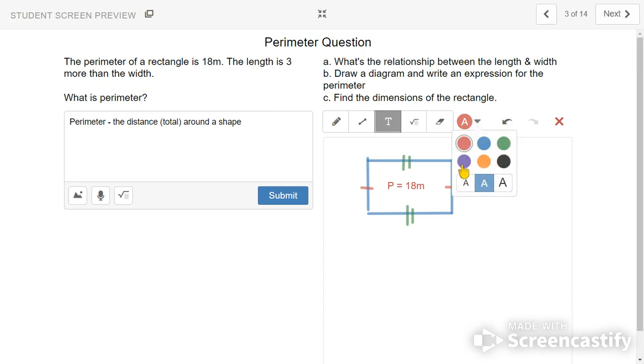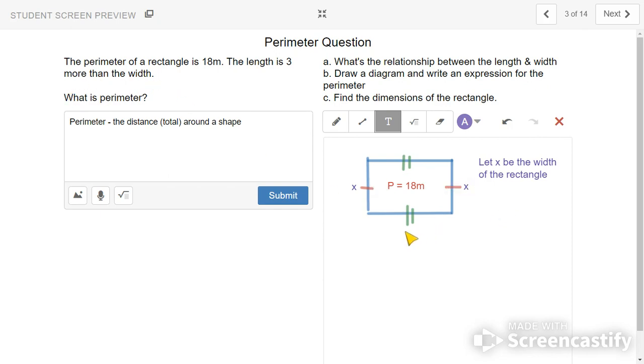Let's write a statement here so that we can define some of the sides using a variable. Let x be the width of the rectangle. So I have x here, I have x here. What do we know about the length? The length is 3 meters more than the width.